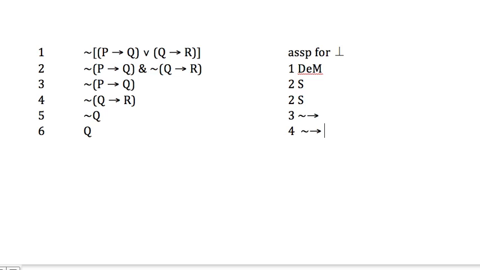Now, this not arrow rule is one that you really need to make sure you have well under control, because it's just an extremely useful rule, but it's not one that necessarily sticks quite as quickly in the memory. So now we have a contradiction. And that means that in spite of the fact that at first it just looked like it might be a rather hairy proof, it works out quite quickly. We've got our contradiction, and we still have to have a scope line.